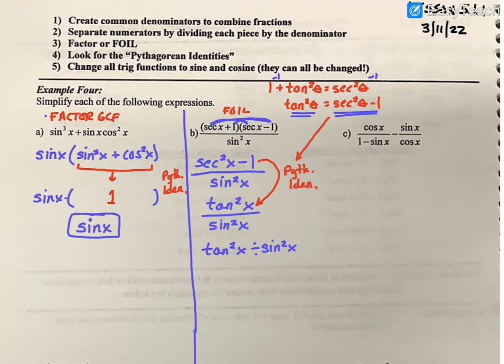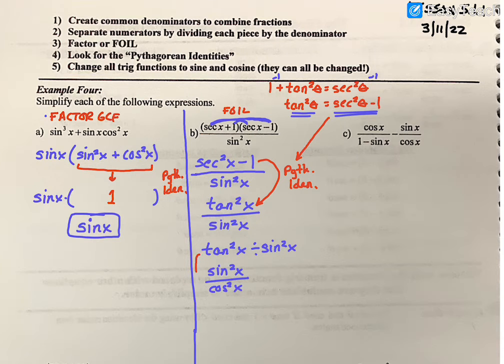What do we know about tangent squared? Let me ask this question: what do we know about tangent? According to our quotient identity, tangent is sine x over cosine x. That means that tangent squared x is equivalent to sine squared x over cosine squared x.